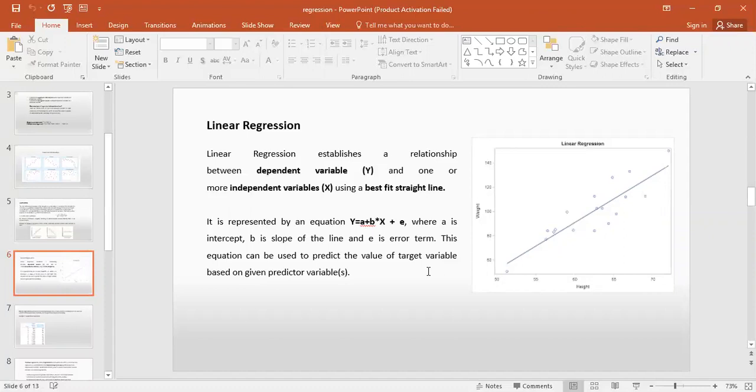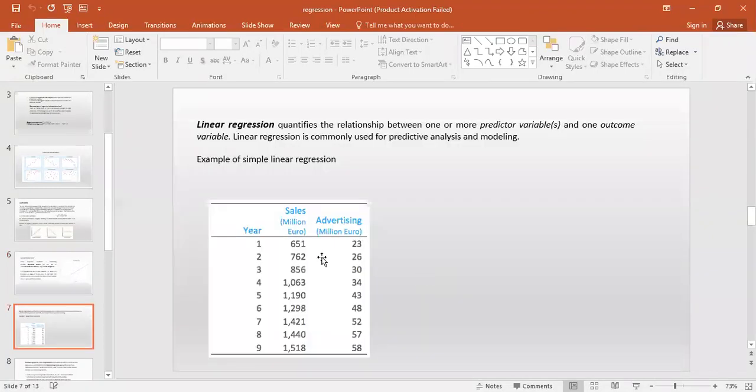So we can take an example for linear regression, where we have dealt with positive correlation. In the same way, we can take simple linear regression, where sales increase when the company spends.